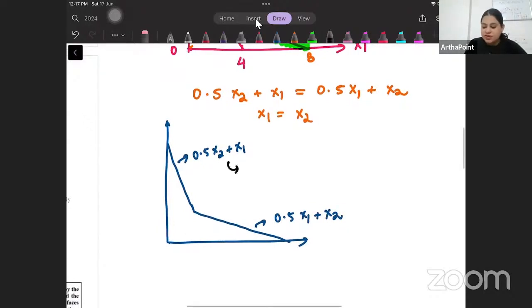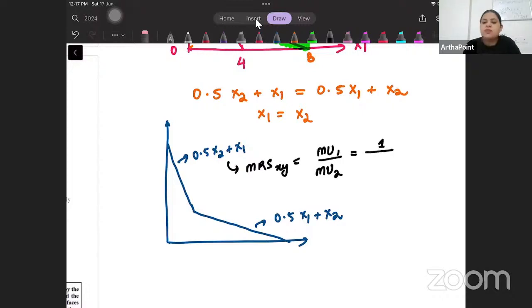What is your MRS in this case? MRS is MUX by MUY, so MU1 by MU2. When you differentiate this with respect to x1, you will get 1. With respect to x2, you will get 0.5. Beta, 1 divided by 0.5 is 2.